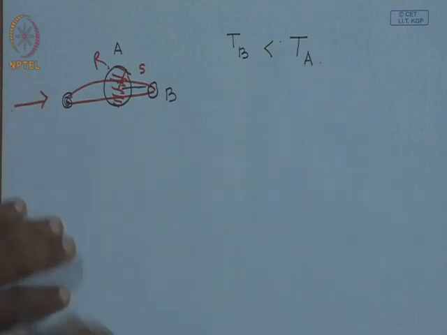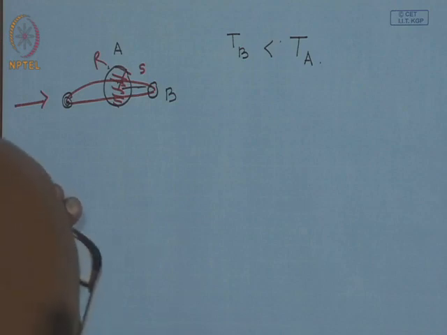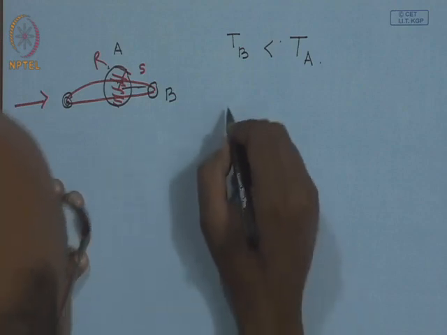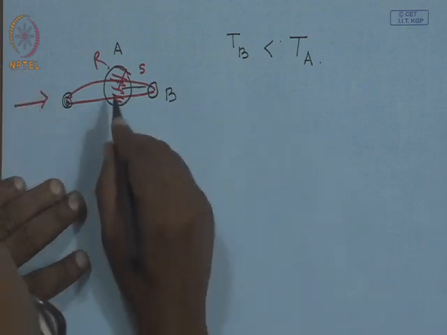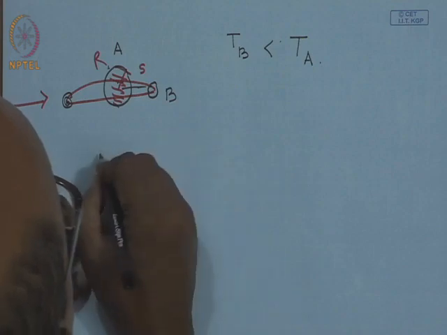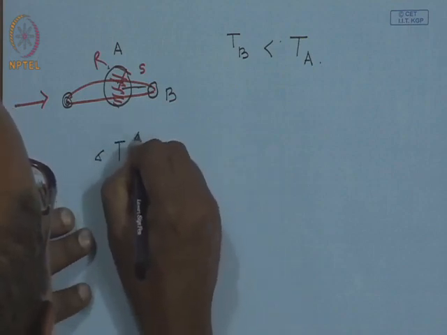So, we will assume that the larger star is hotter and the smaller star is cooler. And we know that the radiation that you receive from any star per unit area of the star is proportional to sigma T to the power 4.